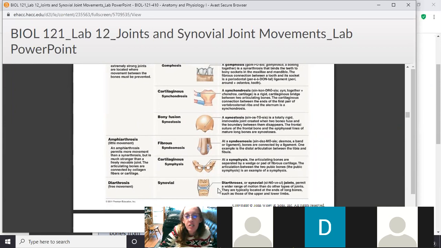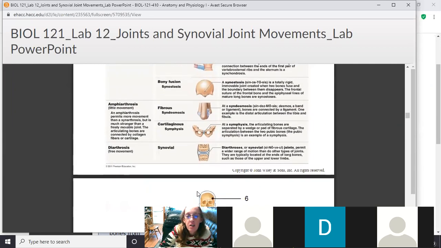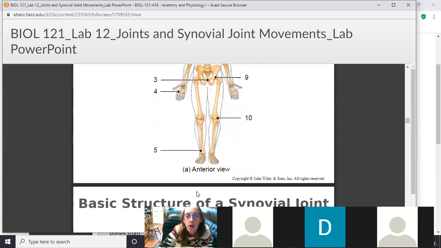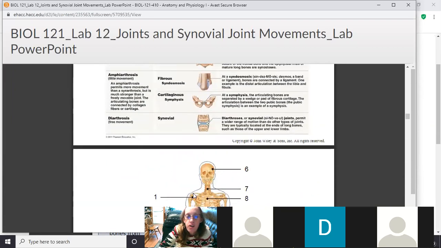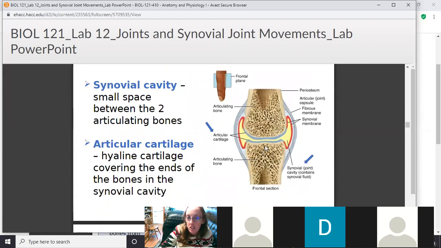Amphiarthrosis. Synovial cavity: a small space between two articulating bones. Articular cartilage: hyaline cartilage that covers the ends of the bones in the synovial cavity.